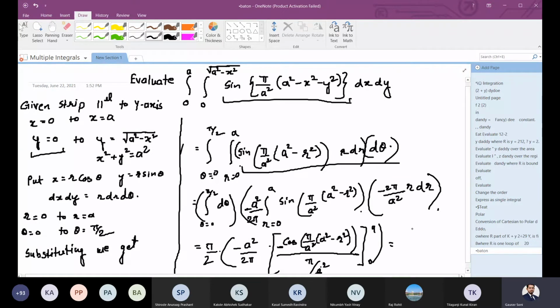So overall, pi gets cancelled out, 4, so that is minus a square divided by 4 into this is pi by a square, so this is a square divided by pi.